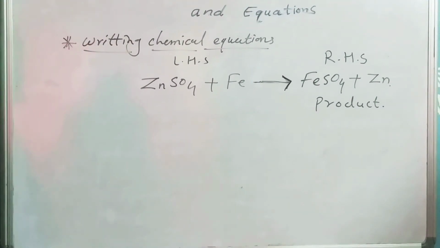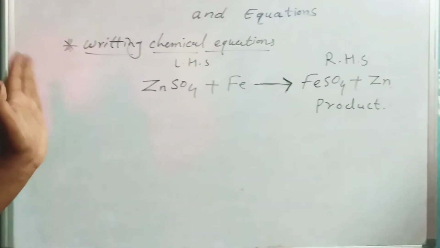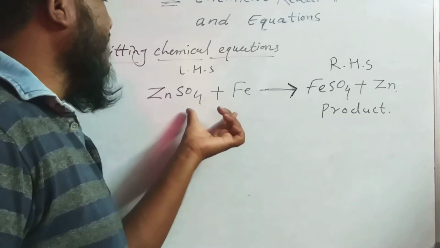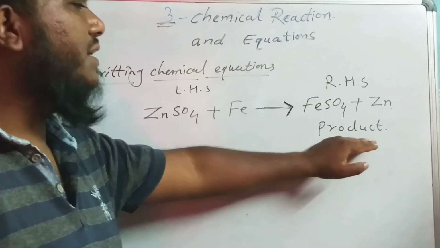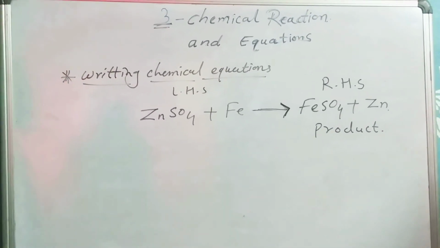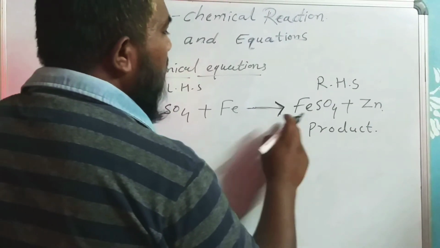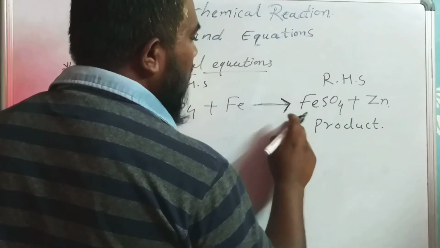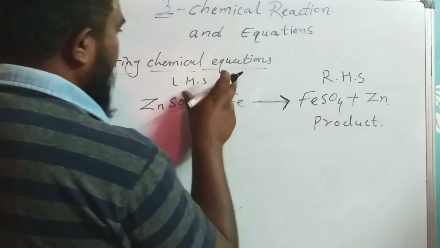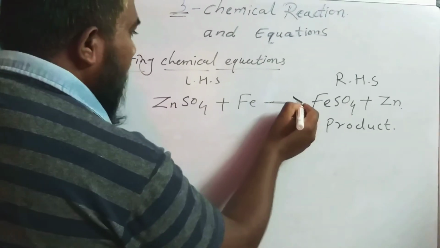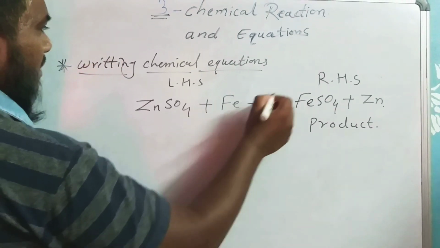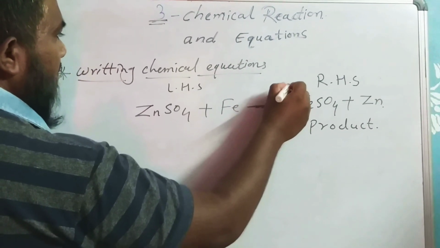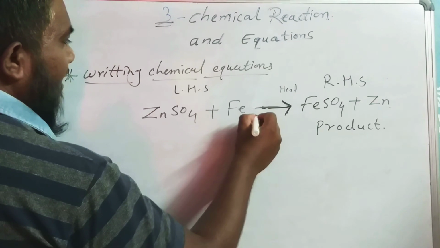After mixing some reactants, we get the product after any chemical change or chemical reaction. That product should be written on the right side of the arrow in the chemical equation. If this is the head of the arrow, this is called the tail of the arrow.